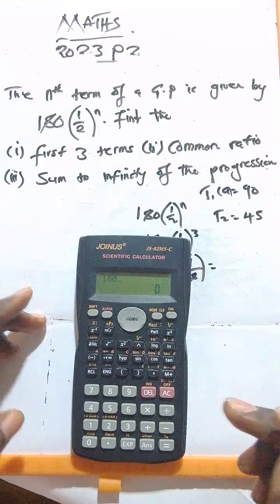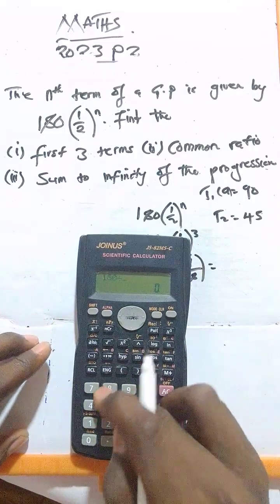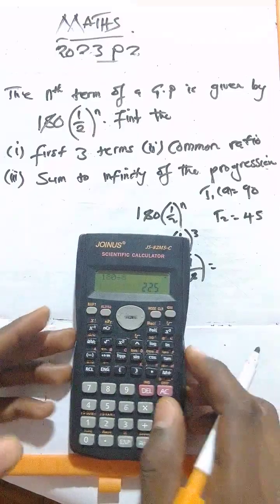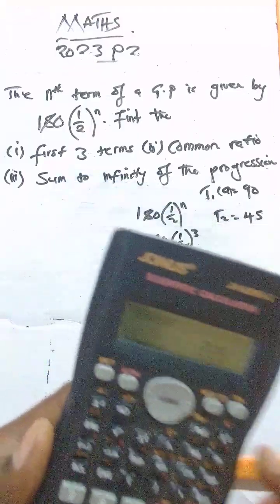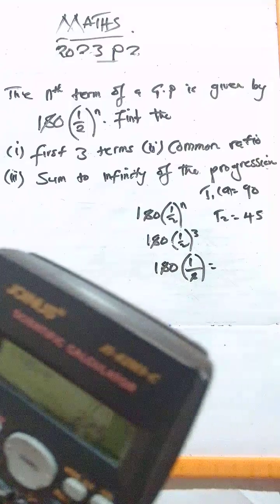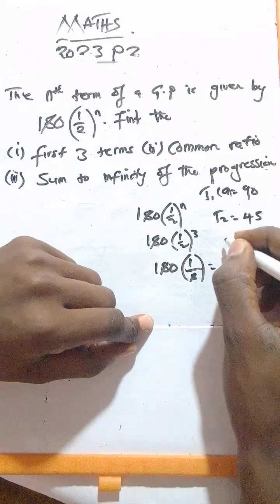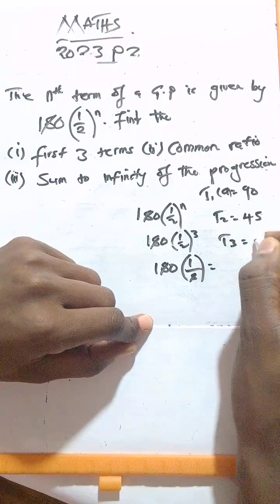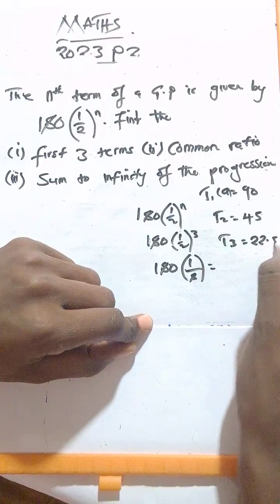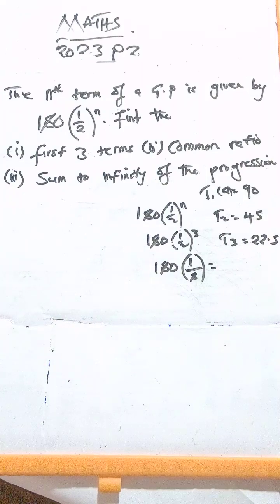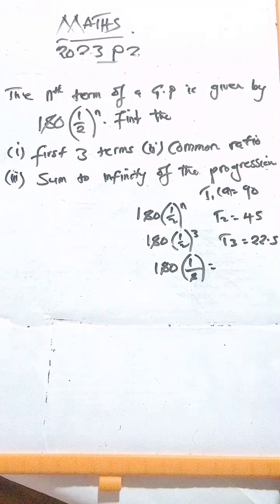We have 180, then we divide by 8. So we are getting 22.5. So T3 is equal to 22.5. So these are our 3 terms which the first question was demanding.